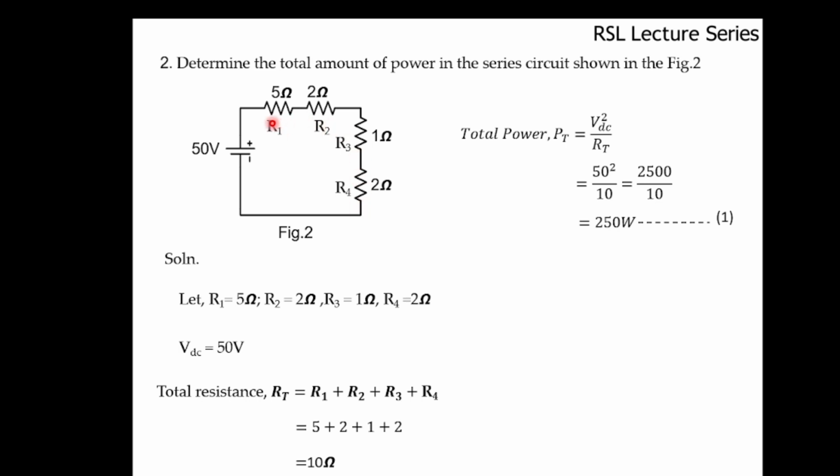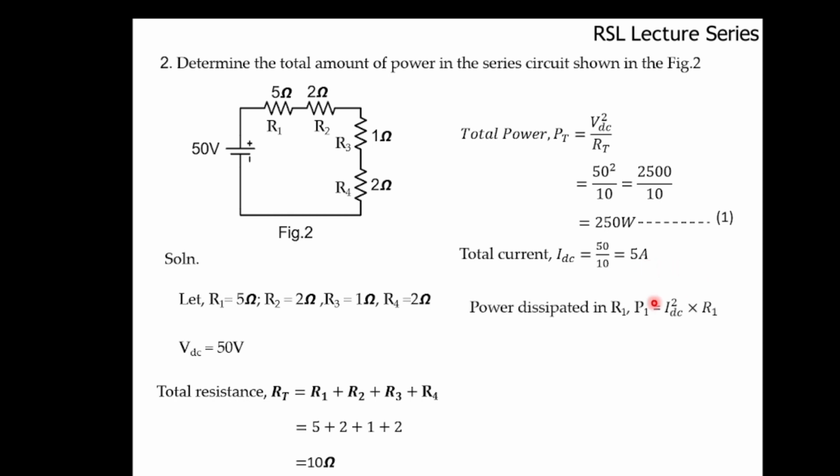So we will find the power dissipated in each resistor, add them and check whether it amounts to 250 watts. First we find the total current IDC. Total current is total voltage divided by total resistance. Here the total voltage is 50 and total resistance is 10, so 50 by 10 is equal to 5 ampere.